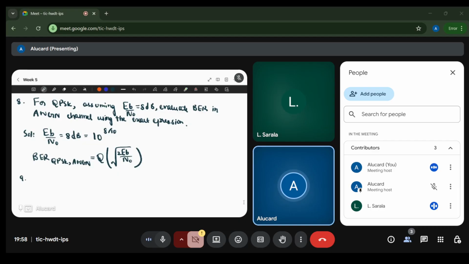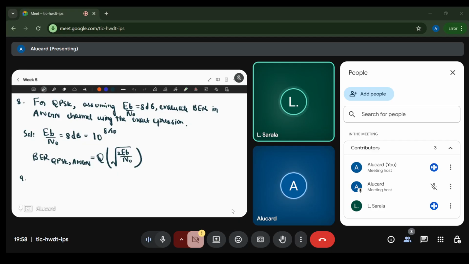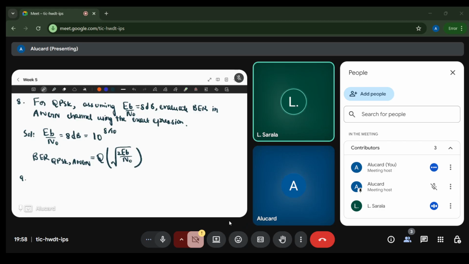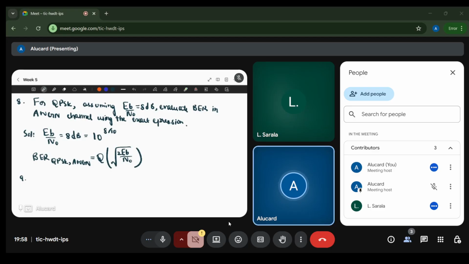So if they ask you something like this, maybe they will give the value directly, or they will give you the link. They might give you a table of Q values.